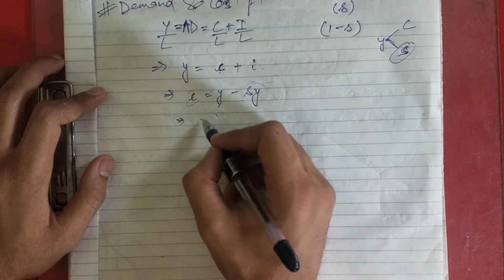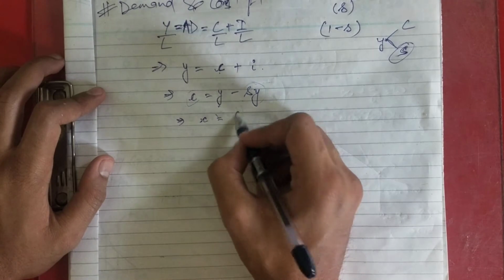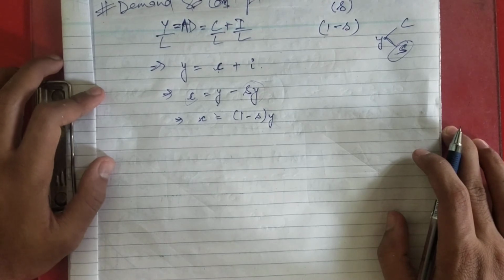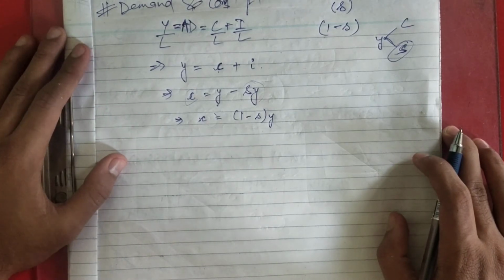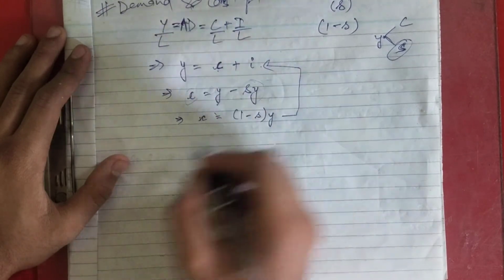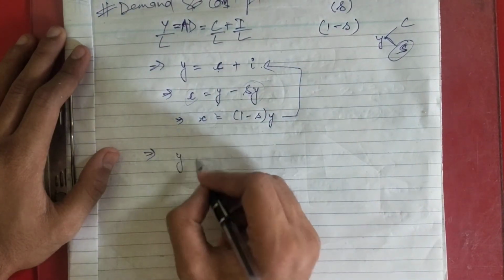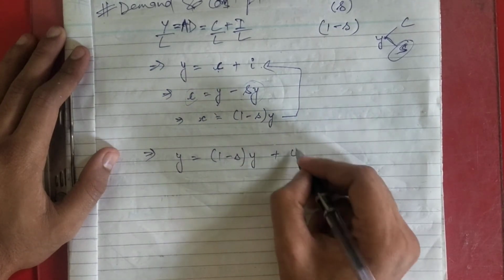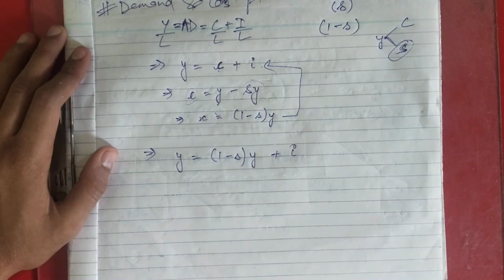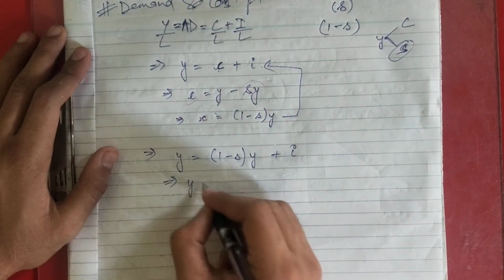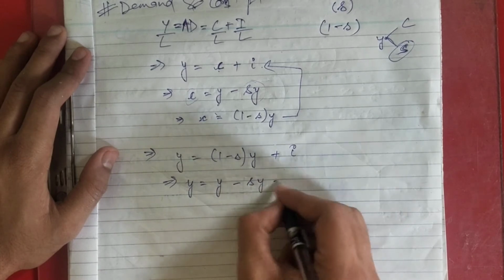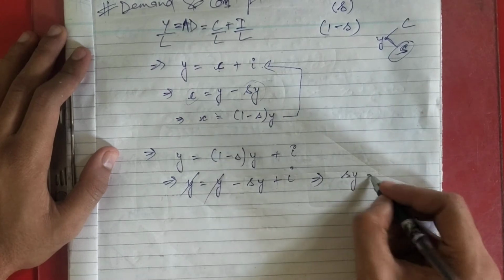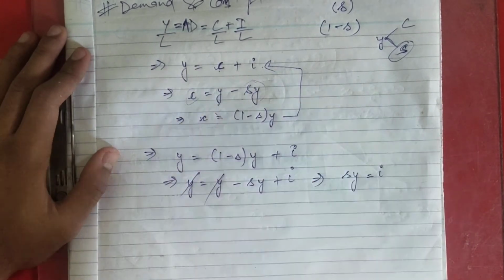So, in a more compact form, it will be written as 1 minus small s into small y. Now I will put this c value in this function. So let's see what we get. y is equal to, putting c here, (1 minus s) into y plus I. So y is equal to y minus sy plus I. y gets cancelled, which implies sy is equal to I. What is it telling you?